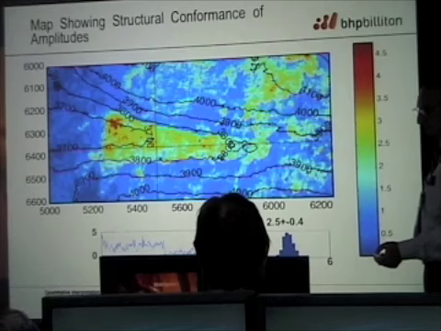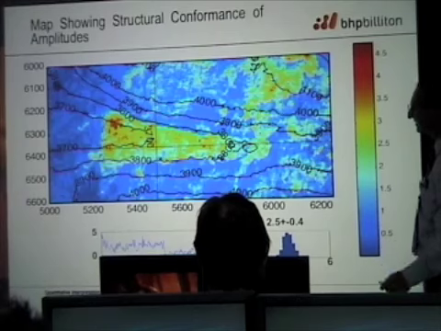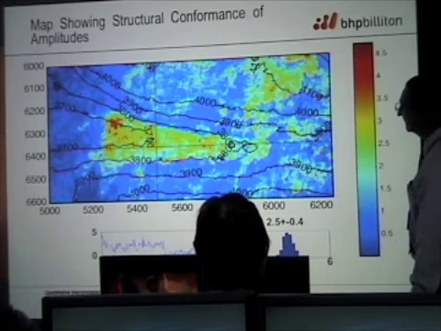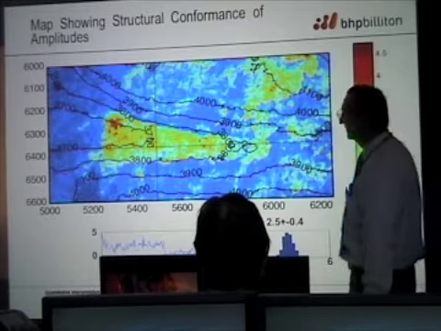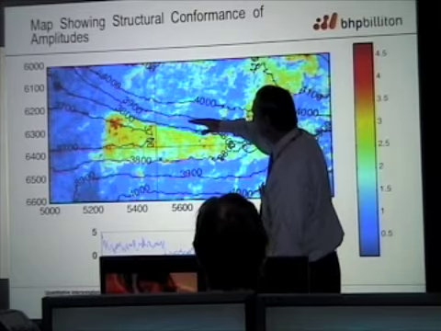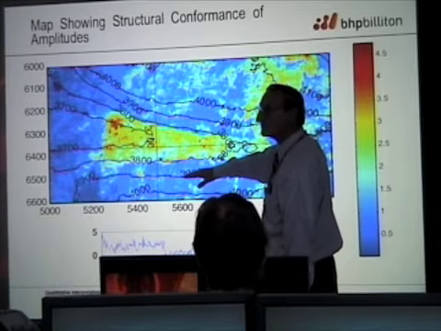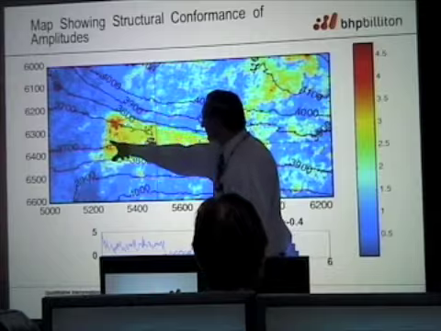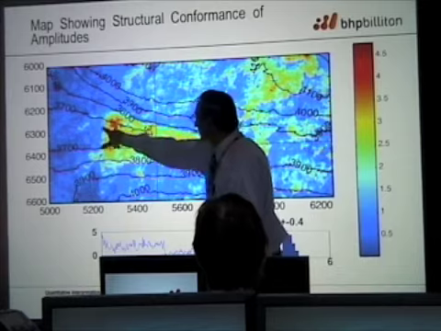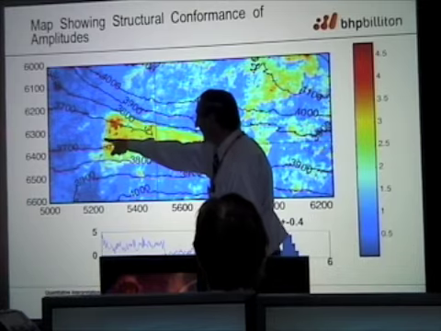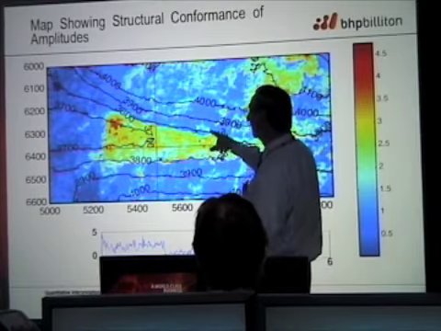And this is a picture of how it fits structure in 3D. These are contours, I presume in depth, and this is the amplitude. This is up dip, I'm sorry.